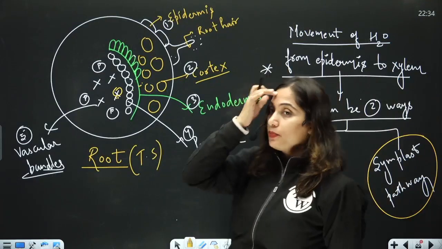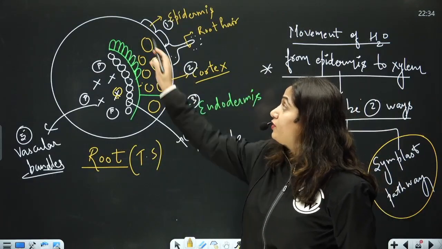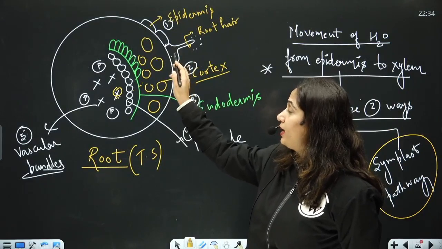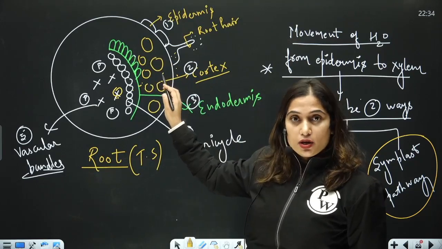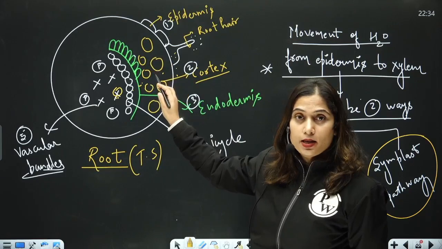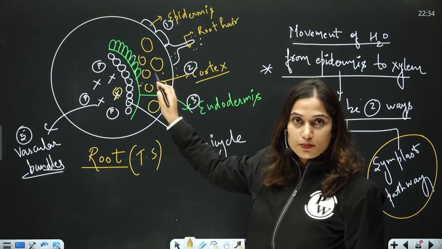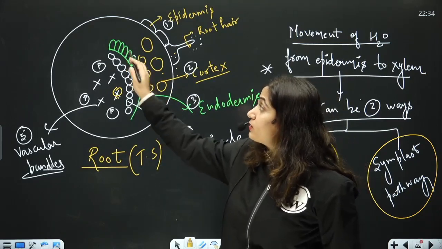When the water has to cross the cortex, after being absorbed by the epidermis, it will go to the cortex, right? The cortex has large intercellular spaces. So to cross the cortex, the water will take the apoplastic pathway, dead space. But then comes the endodermis.